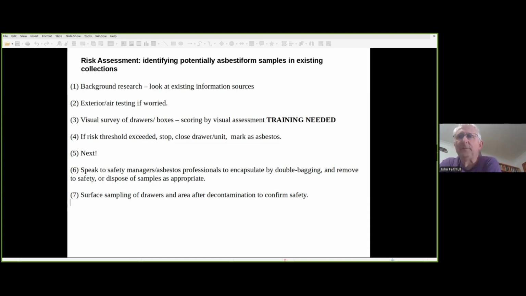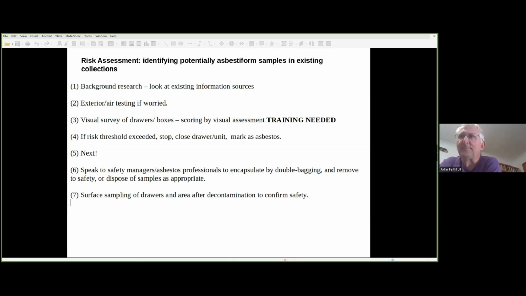As I'll come to in a minute, it is possible to do quite a lot of that by visual assessment. Someone who knows amphiboles can look at an amphibole from a distance without handling it and say, those fibrous amphiboles are absolutely not asbestiform. Those ones might be, and those ones definitely are. And that threshold is quite far up the line.